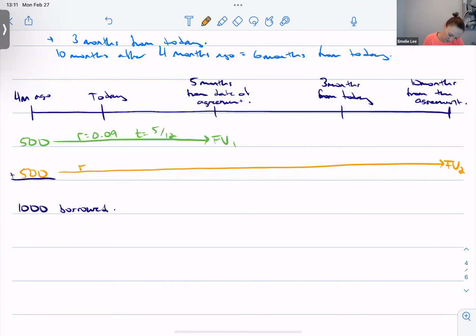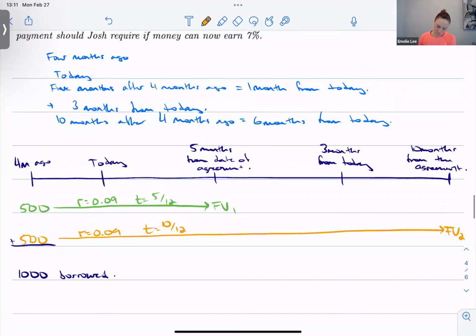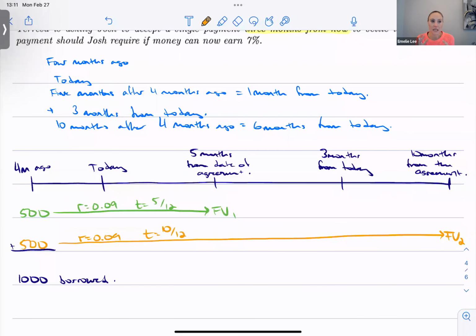But the rate is still 9%, and the time here, 4 months ago, but 10 months from the agreement. So the time here is 10 months. This is the initial setup.